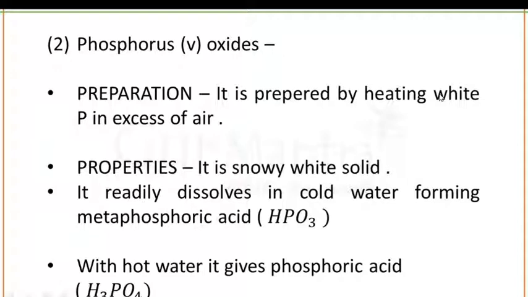Next is the phosphorus oxide, phosphorus pentoxide. Phosphorus pentoxide is a chemical compound with molecular formula P4O10, with its common name derived from its empirical formula P2O5.